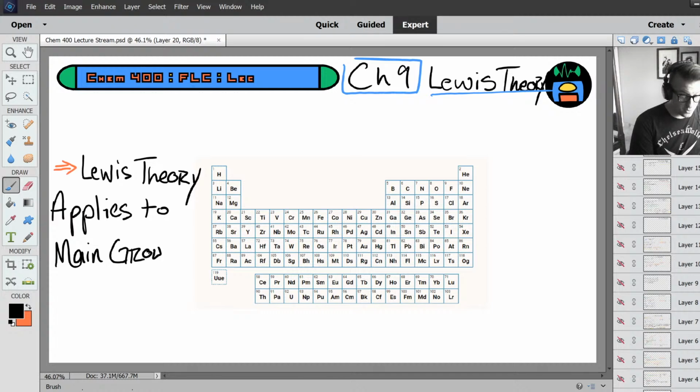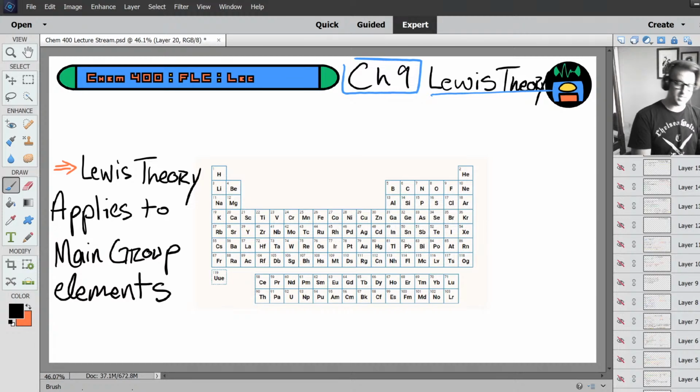Lewis theory does not do a good job of predicting the structure or reactivity for transition metal elements. And so a new theory had to be developed called molecular orbital theory. We'll get to that a little bit later. But Lewis theory only really works for our main group elements.